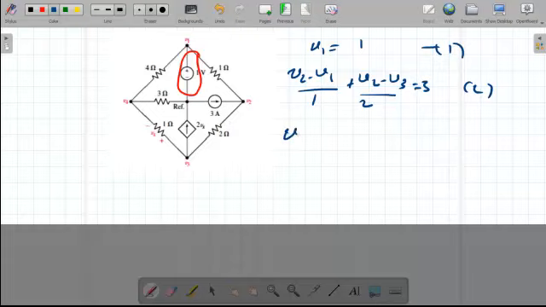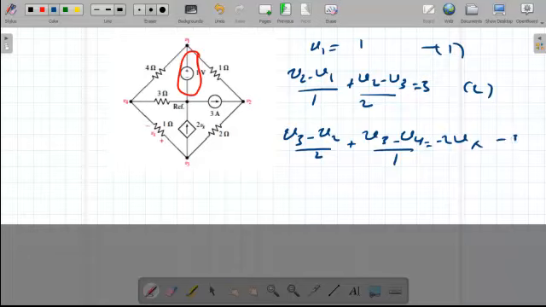So V3 minus V2 over 2 plus V3 minus V4 over 1. This will equal the entering current. The entering current is actually minus 2Vx. This is my third equation.